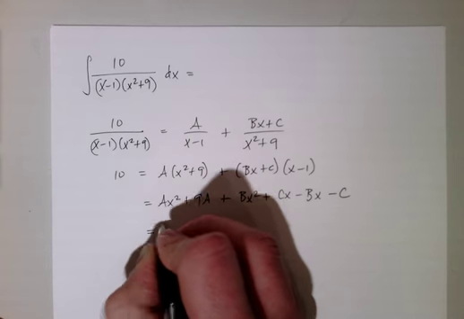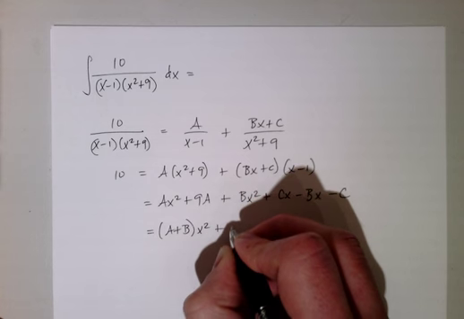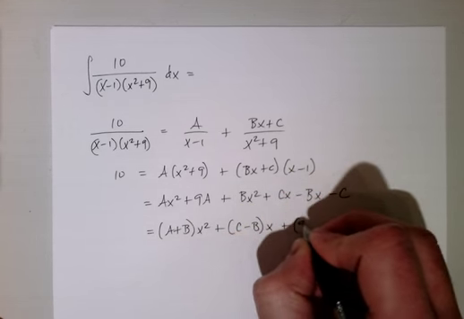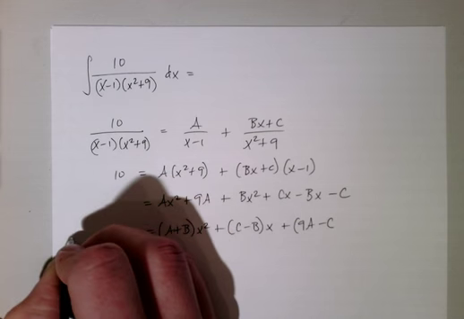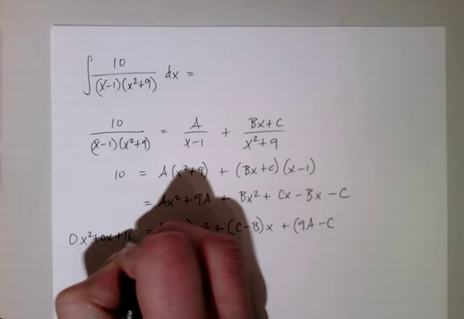Okay, and you're going to get a plus b x squared plus c minus b x plus 9a minus c, and that should be equal to 0x squared plus 0x plus 10.